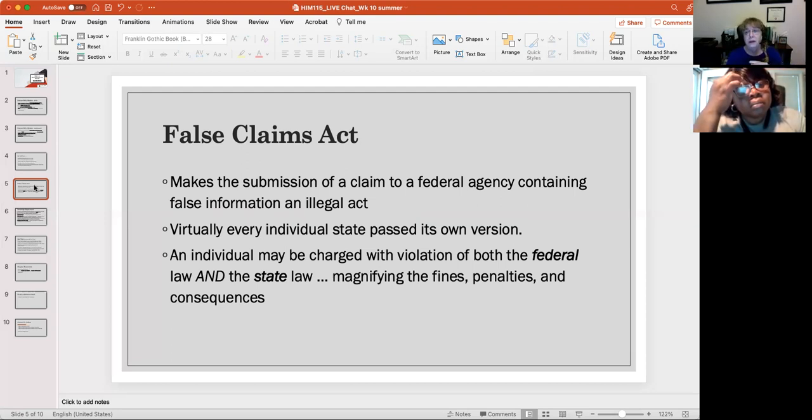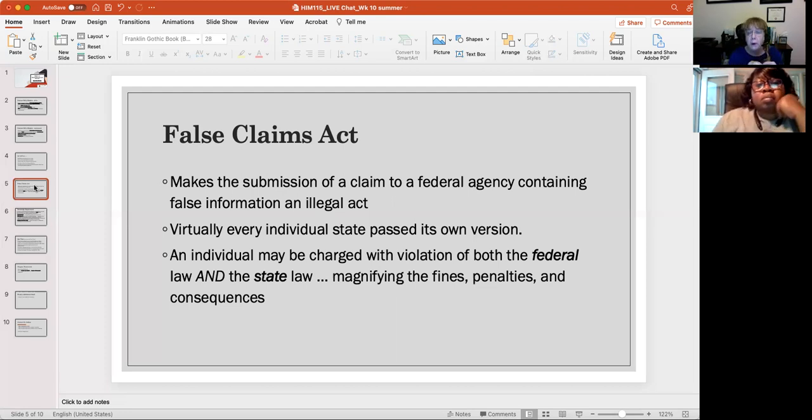The other thing that you need to know is that these charges can be laddered. What that means is if you are found guilty of violating the Federal False Claims Act, you're not done, because now the people within your state are going to do their own investigation and get their own pound of flesh out of you.